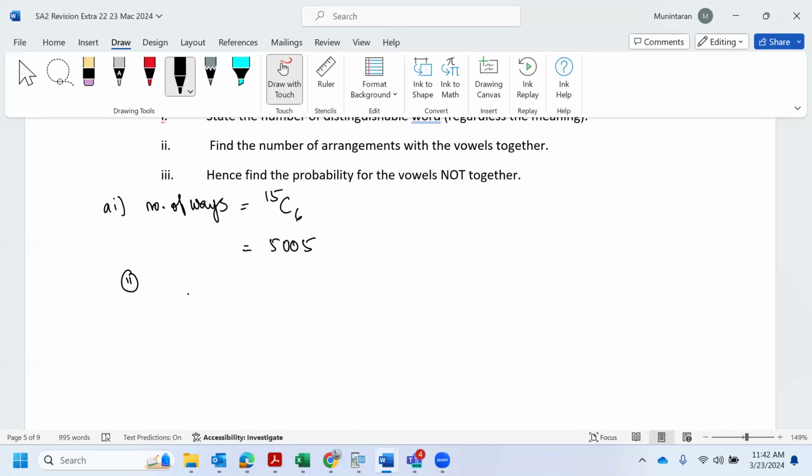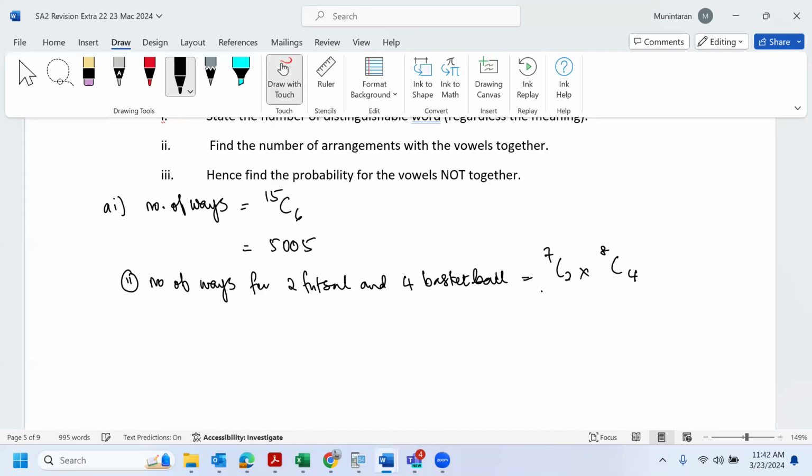So the number of ways for 2 futsal and 4 basketball: the 2 futsal you can obtain by 7, choose 2, multiplied by the basketball, we have 8, choose 4. You'll be getting 1,470 different ways.